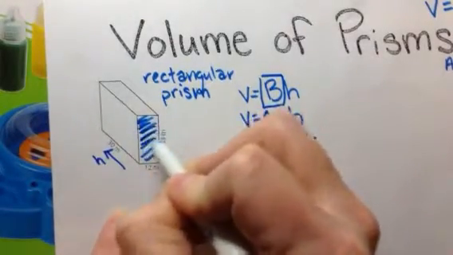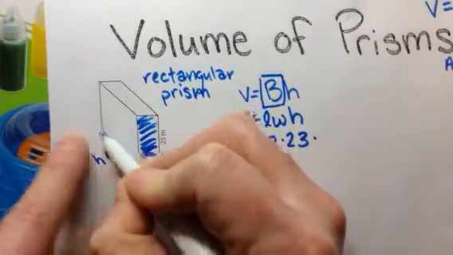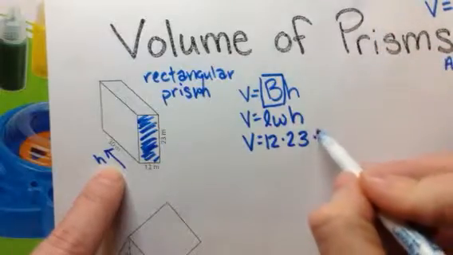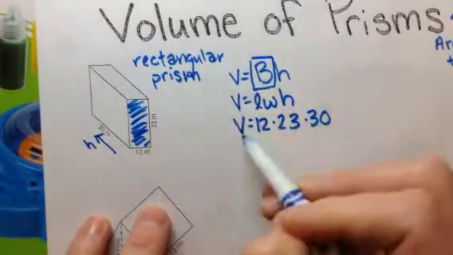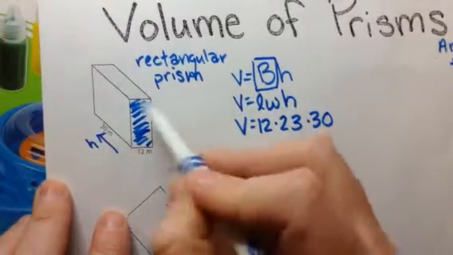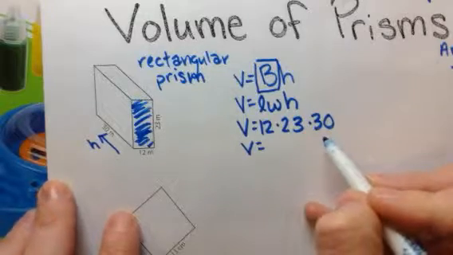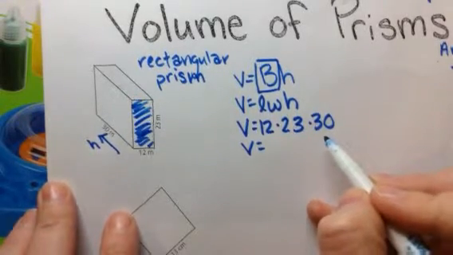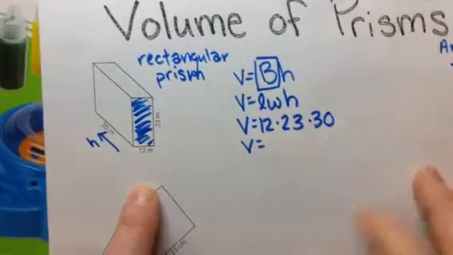If I pretended it was sitting on this shaded rectangle, then the height would go up 30 meters into the air. So for a rectangular prism, you're multiplying all three numbers. This is going to turn out to be a whole number. I'm going to let you punch it in your calculator and get the answer, so fill it in here.